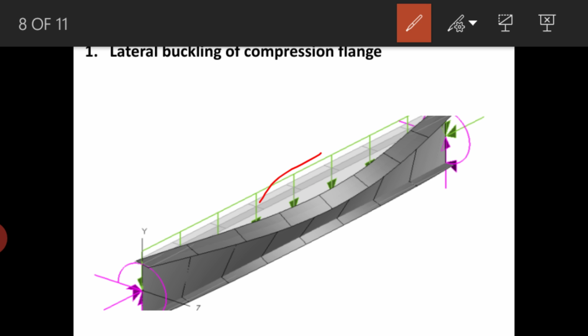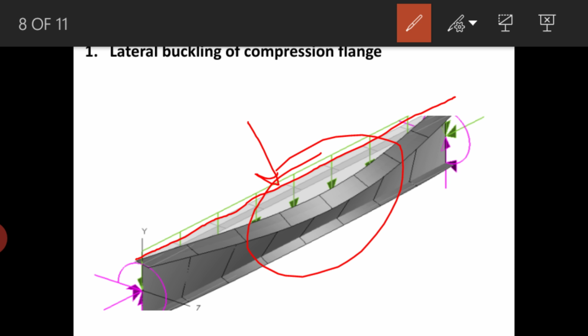The entire cross section rotates as a rigid disc without any cross sectional distortion. This phenomenon is known as lateral buckling. It buckled sideways. This was the initial position when the load was applied, and it has buckled sideways, and this buckling we call lateral buckling.